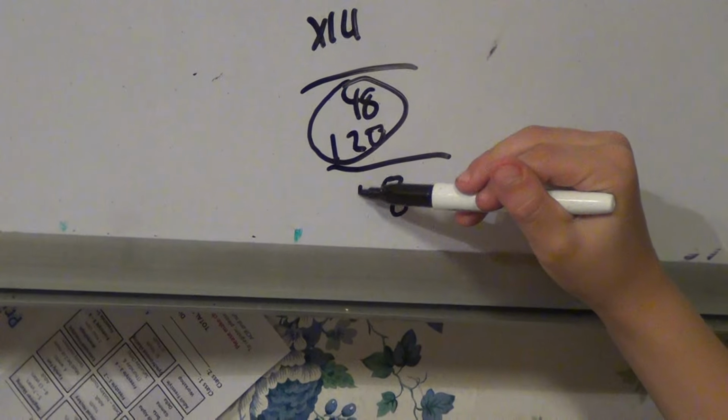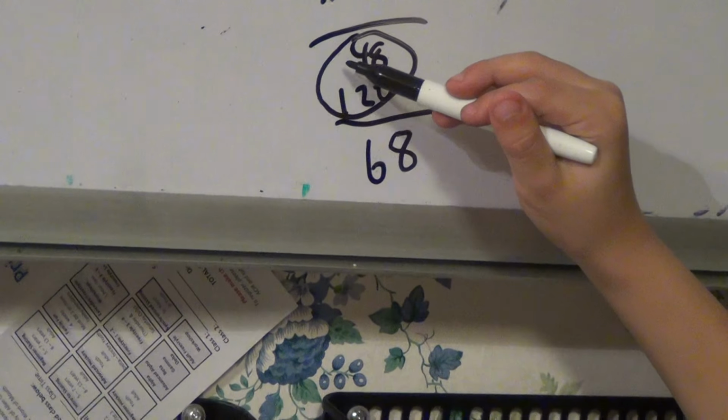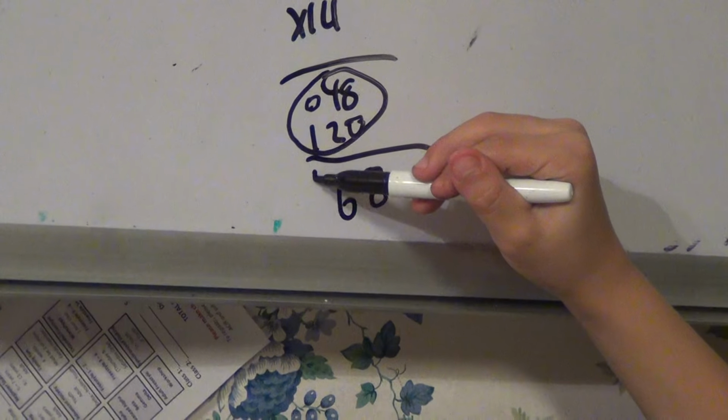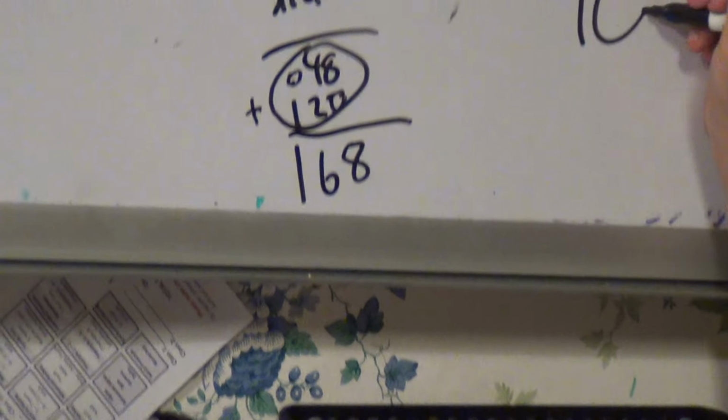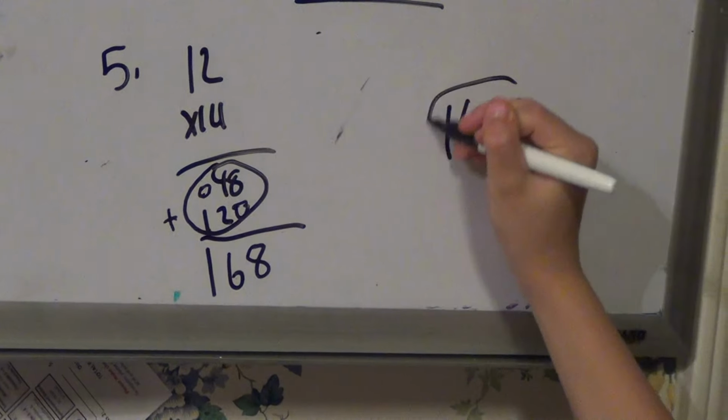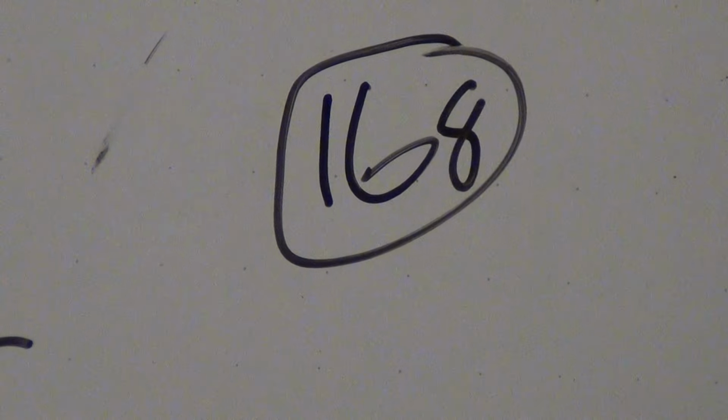Then 4 plus 2 equals 6. Then 1 plus 0, imaginary 0, equals 1. So your answer for that question is 168. Right there is your answer. So that's how you do that kind. If you didn't get it, just go back to the video and rewatch it.